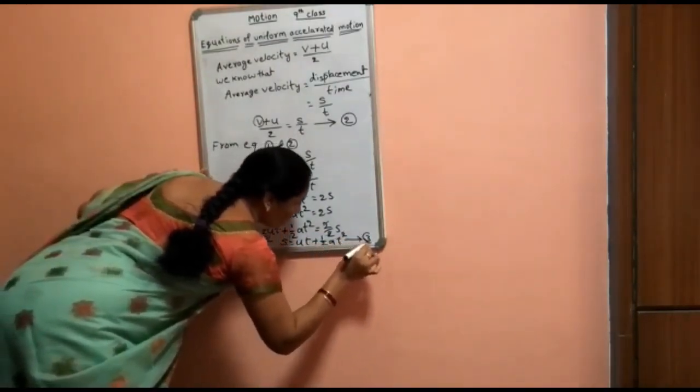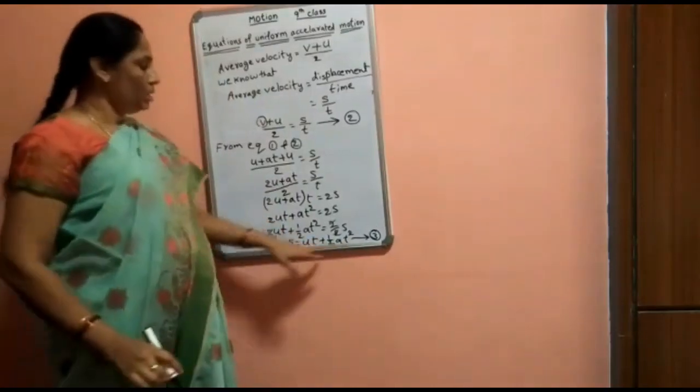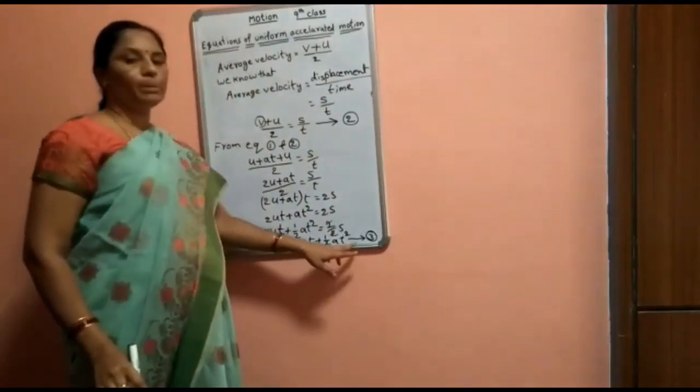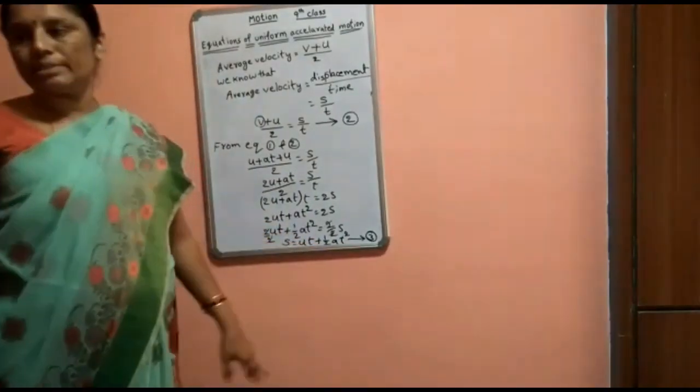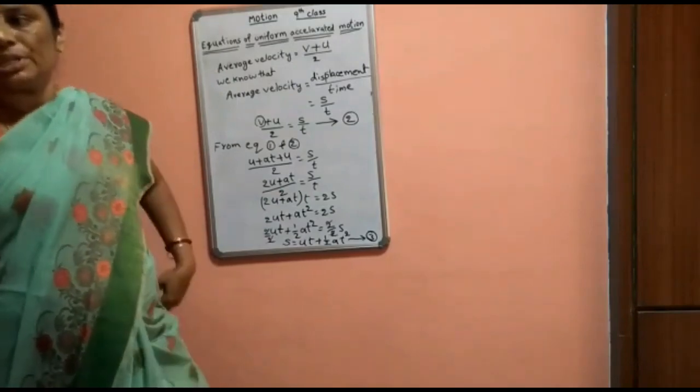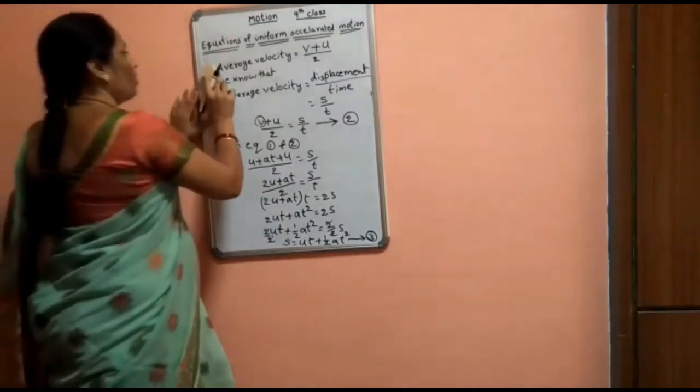This is equation number 3. s is equal to ut plus half at square. This is equation number 3.